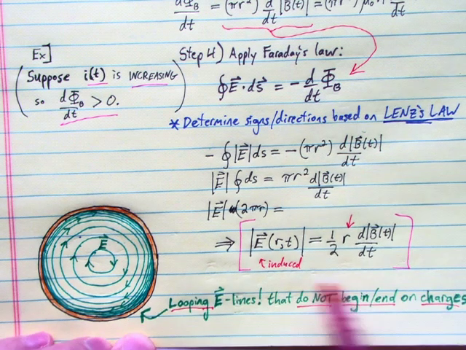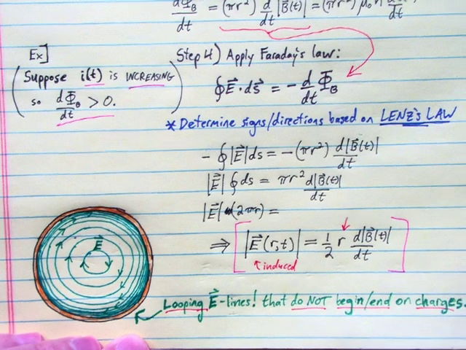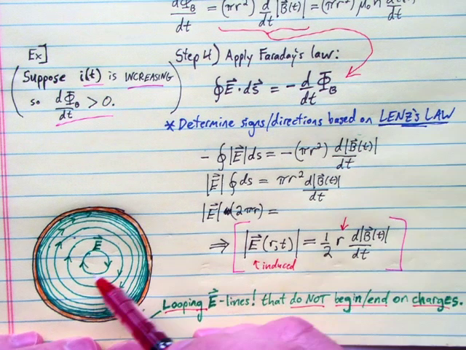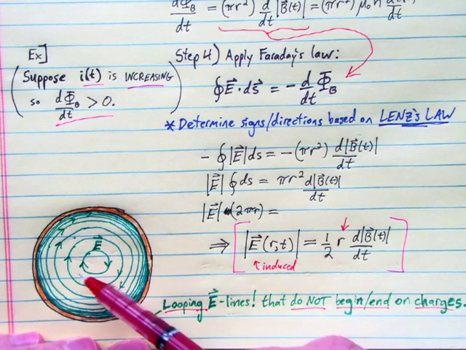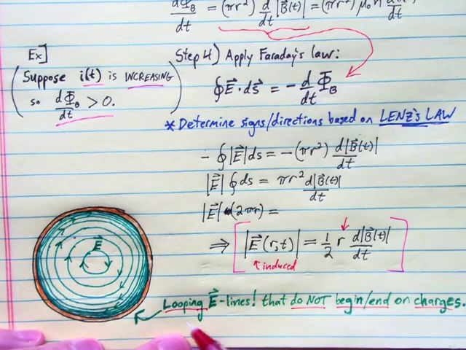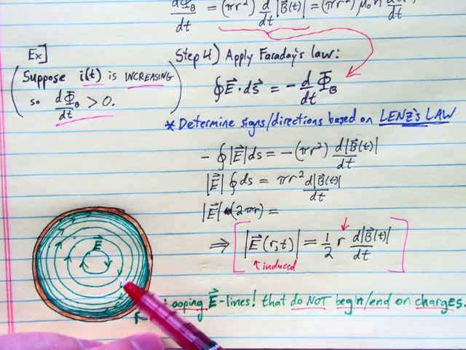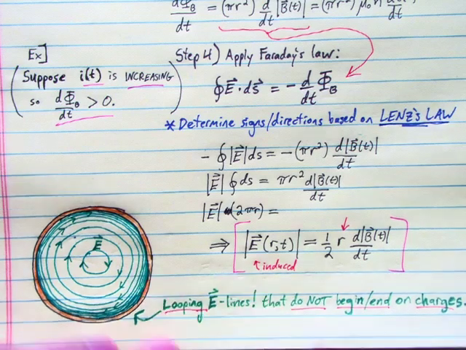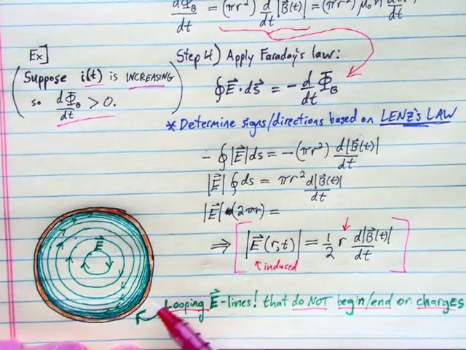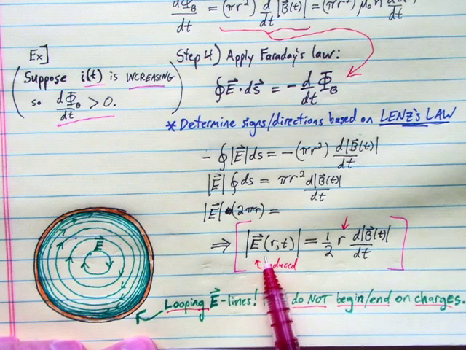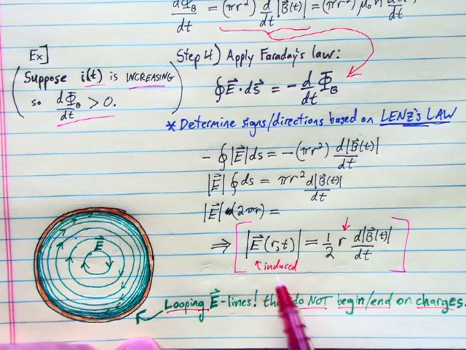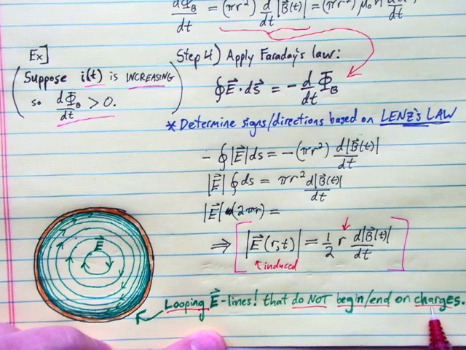This is a very different electric field from anything we've ever seen. These electric field lines look more like magnetic field lines, like these closed loops with no beginning or end, but they are most definitely electric field. So this is one of the very unusual and different properties that these induced electric fields have that electric fields produced by charges do not.